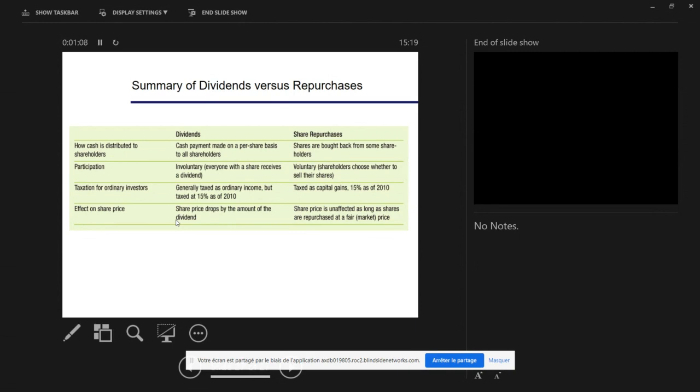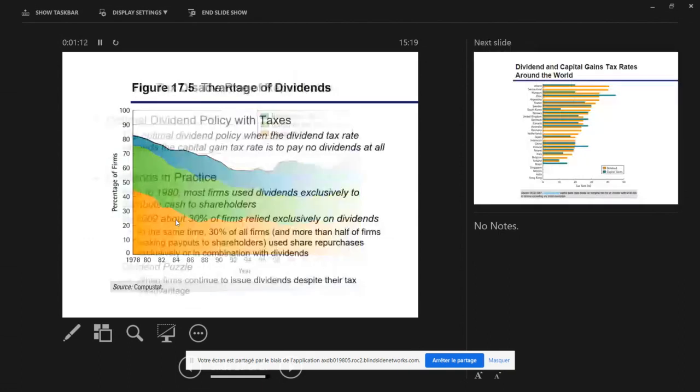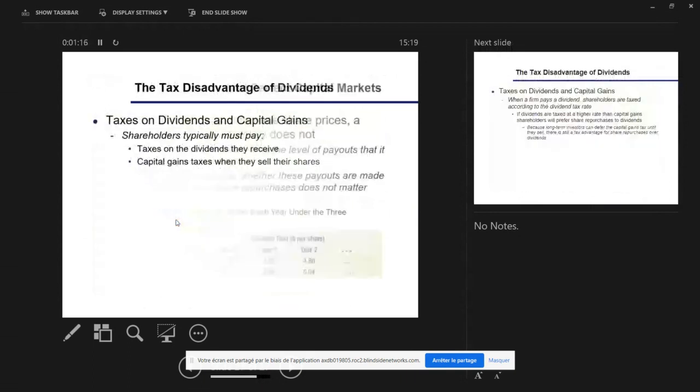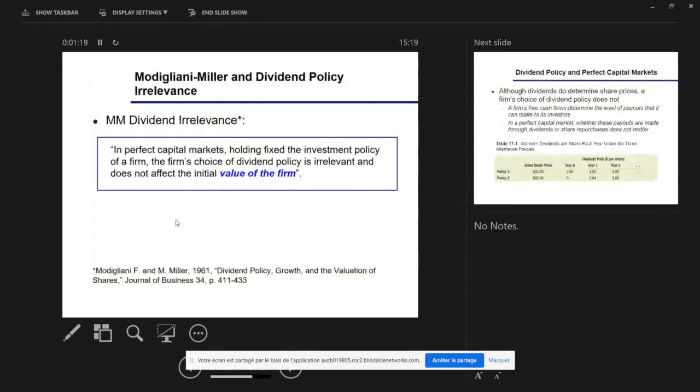Okay, and Modigliani-Miller say that in the perfect capital market, no matter whether you pay in the form of cash dividends or share repurchase, the value of the firm should not be affected. Okay, and that's it for dividend policy.